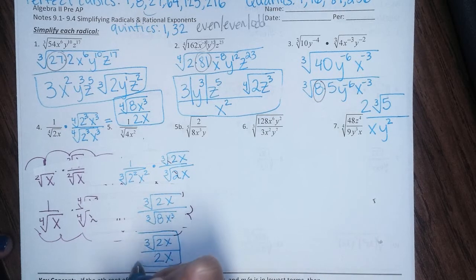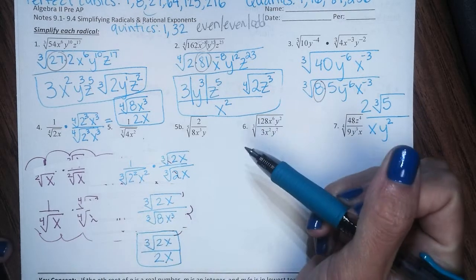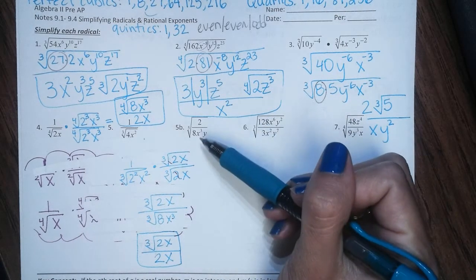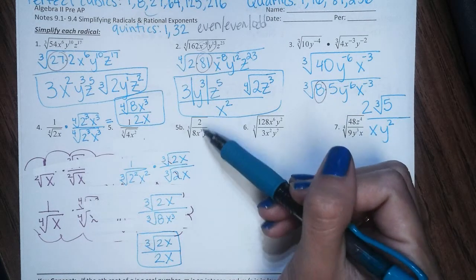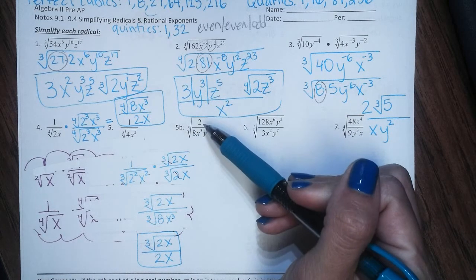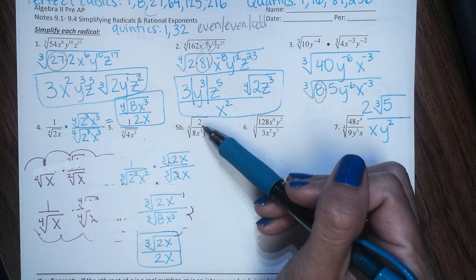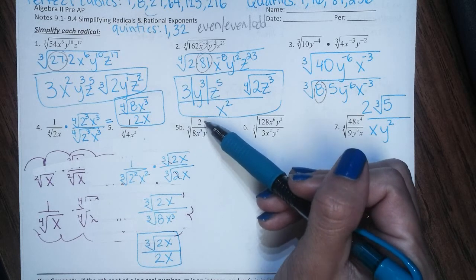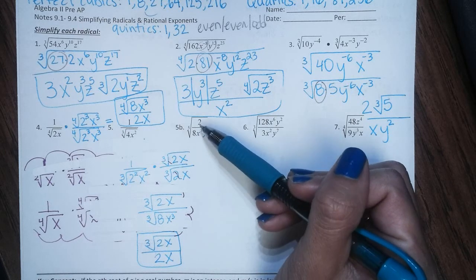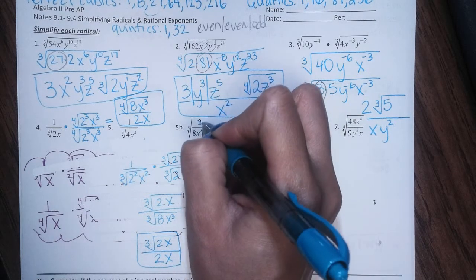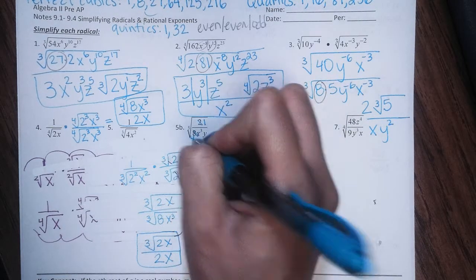Okay, let's try 5b. Again, on this one, before I even get started with the question, because there's a 2 on the numerator and an 8 on the denominator, that can be simplified. That can just become a 1/4. So let's do that first.